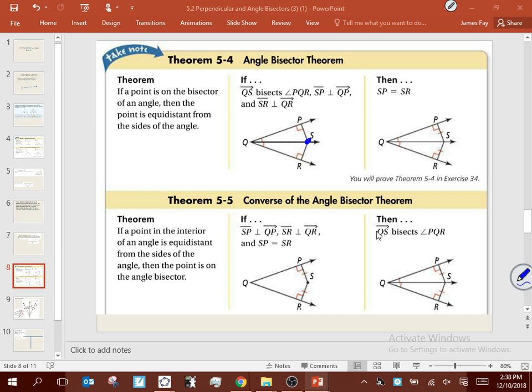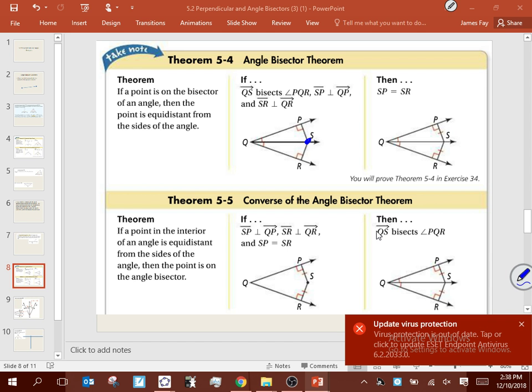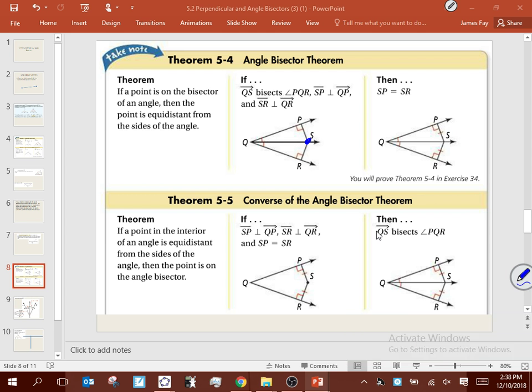The sides of the angle are QP and QR, correct? So that point S, because it's not on one of those sides, we can find the distance from point S to those sides. The distance from point S to those sides has to be found by using perpendicular segments. So that's why you're seeing a right angle at P and a right angle at R, representing S to P and S to R being the shortest distances from S to those respective sides of the angle.